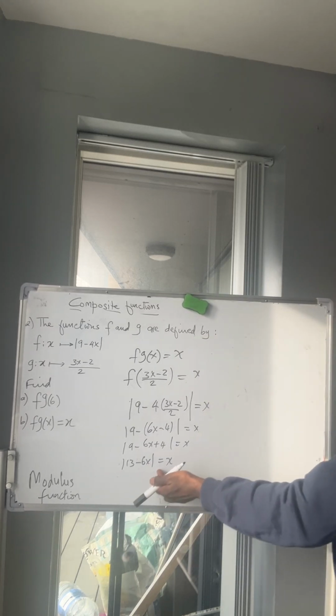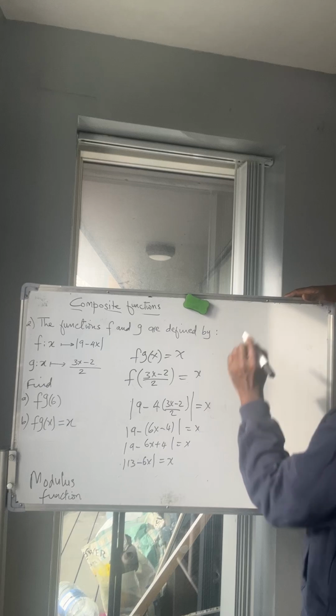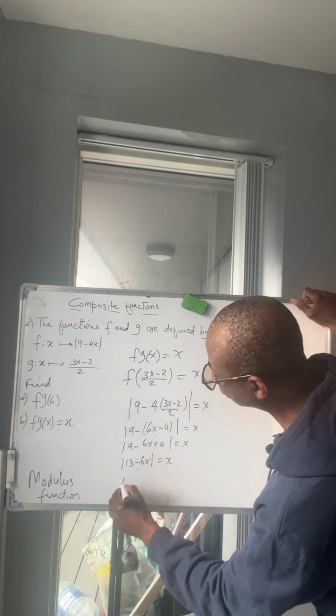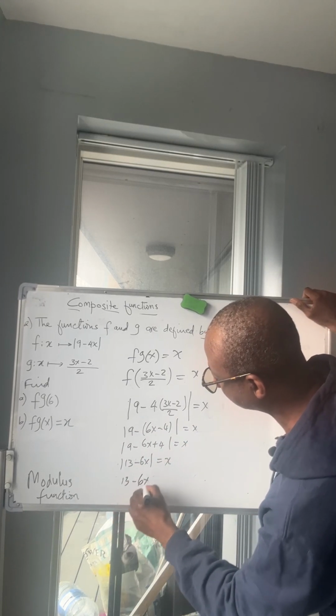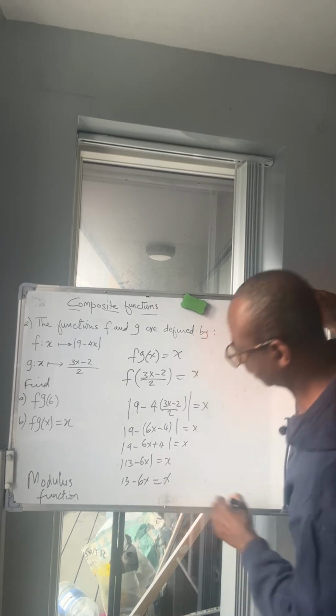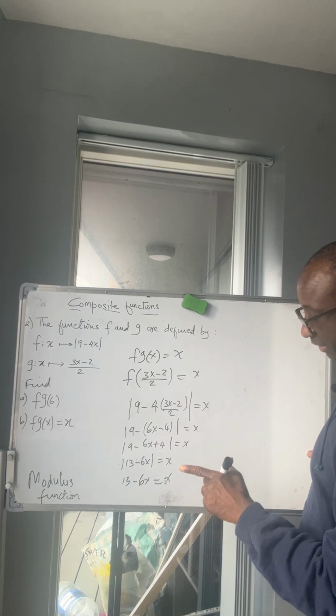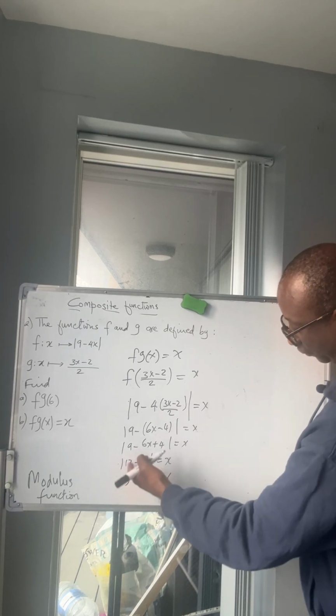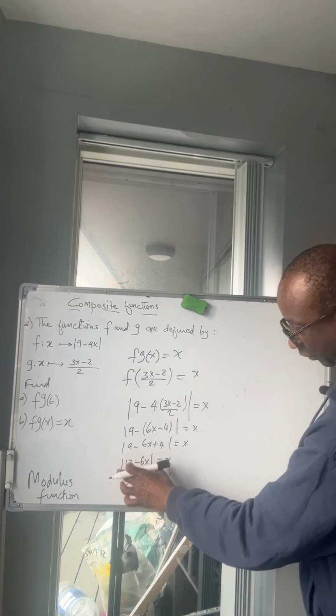So first, you will have the positive side. This is going to be 13 minus 6x equals x. On the negative side, you are going to put a negative at the front of the function.